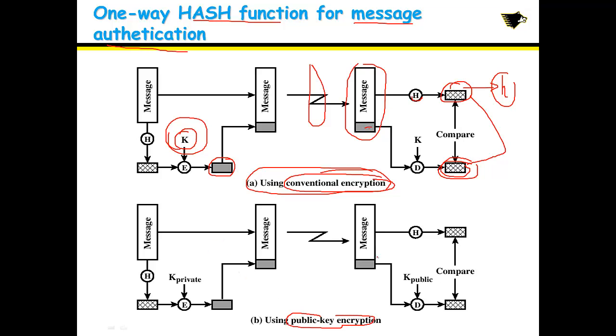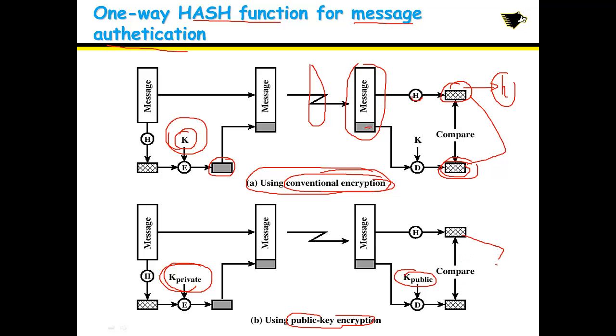The second way is to use the hash function combined with public key encryption. The flowchart is similar. The only difference is that for the encryption we use the private key here. For the decryption of the hash code we use the public key. Other things are the same.